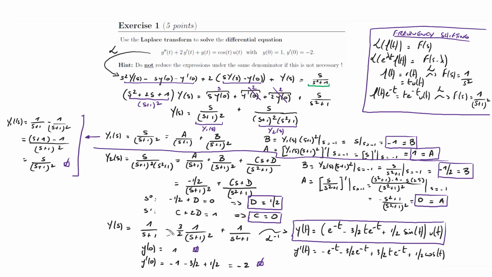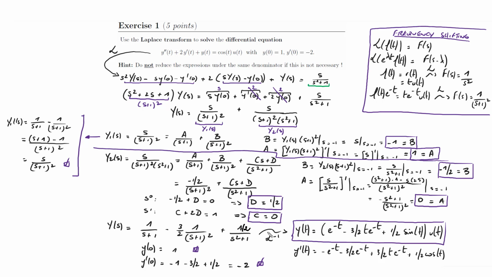So this gives us minus 3 half 1 over (s plus 1) squared. And here you have the c is equal to 0, and here we need a half. So here there is a mistake, so I should write it like this. And now what we can do is take the inverse Laplace transform, and this is what you obtain.